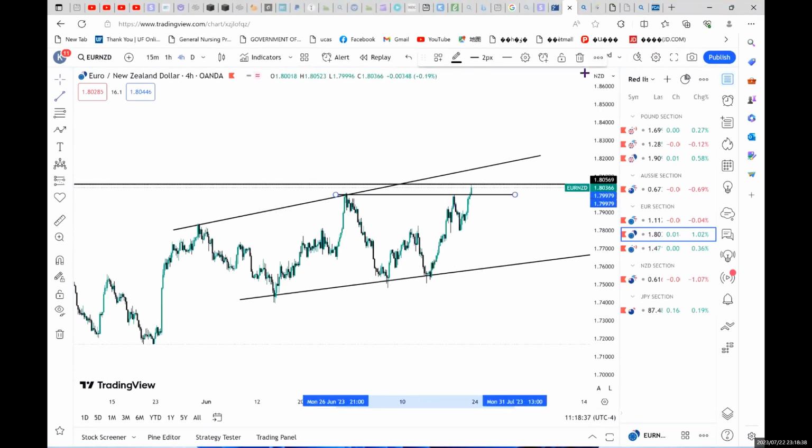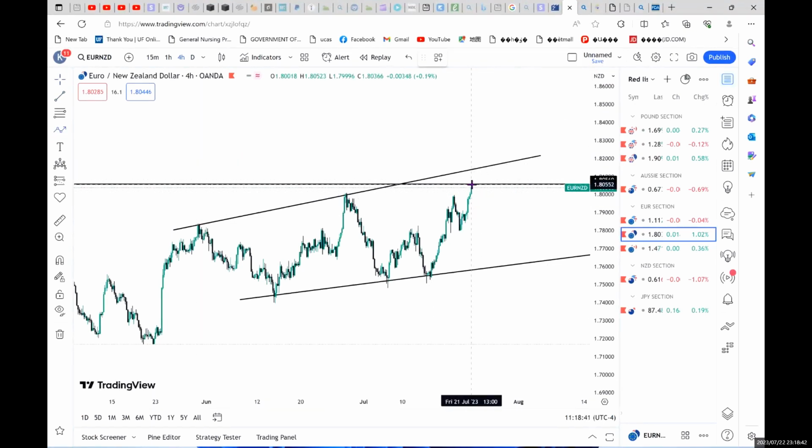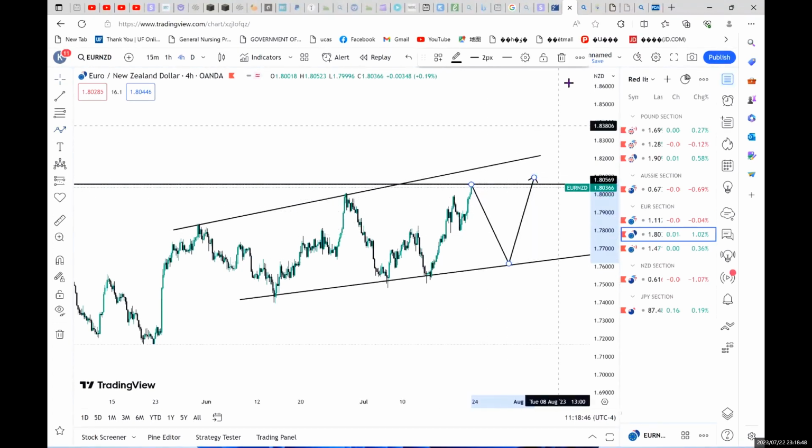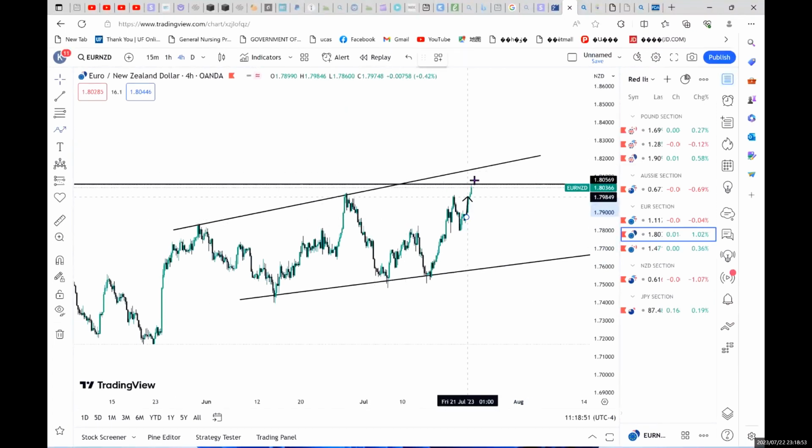Okay, so now what are we expecting? We can expect a potential pullback from this level to come back down to this trend line and continue back up, or we can see price continuing all the way back up to this resistance here, then give us a pullback.